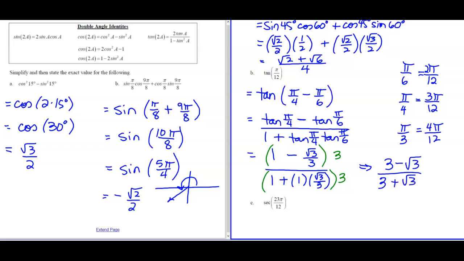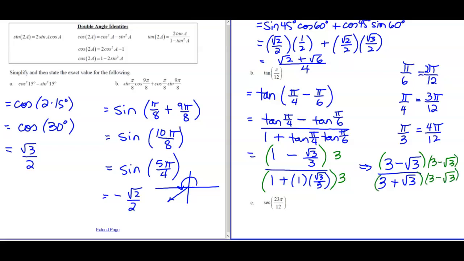Okay. Is that in simplest form? No, because there's an irrational in the denominator, so we need to multiply by the conjugate. The conjugate of the denominator is 3 minus root 3.